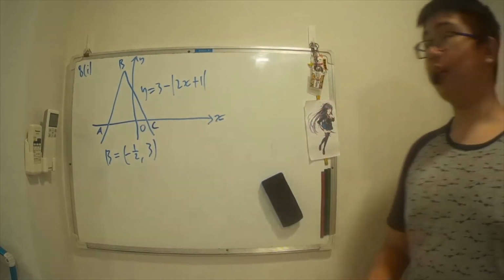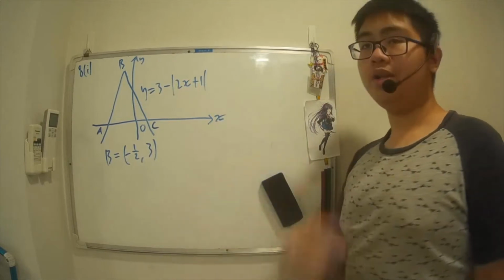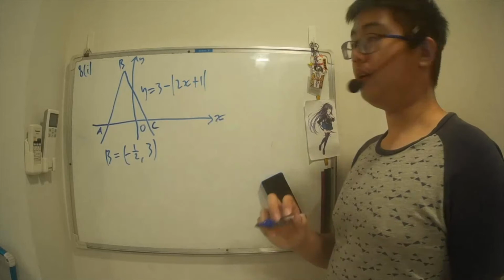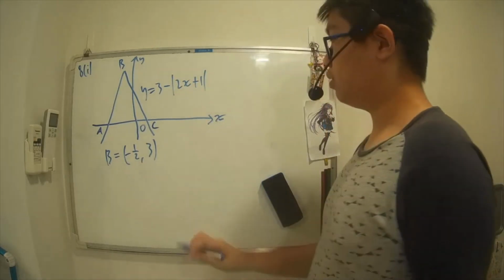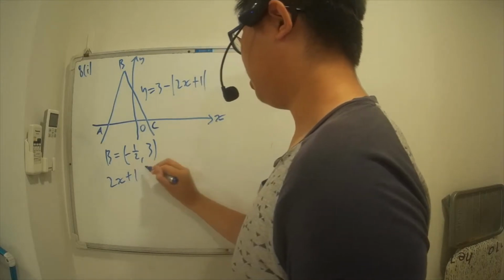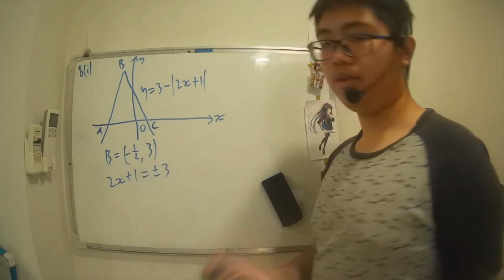But then we need to find the value when y is equal to 0. When this is equal to 0, that means the modulus is equal to 3 or negative 3, right? So 2x plus 1 is equal to plus or minus 3.